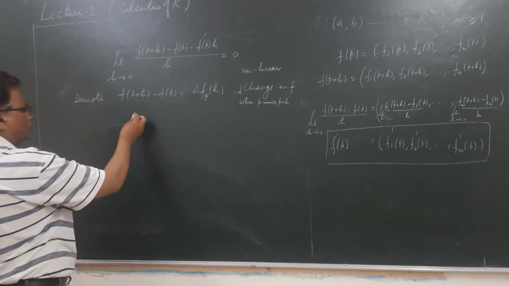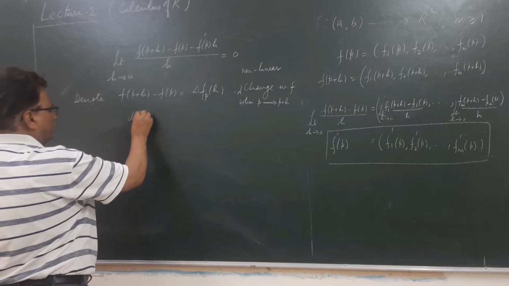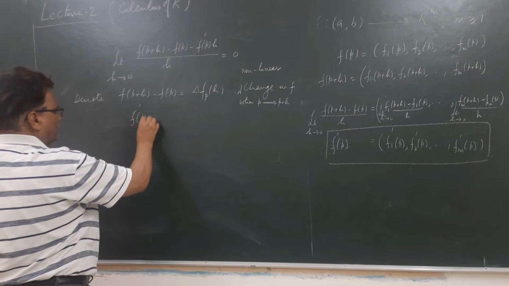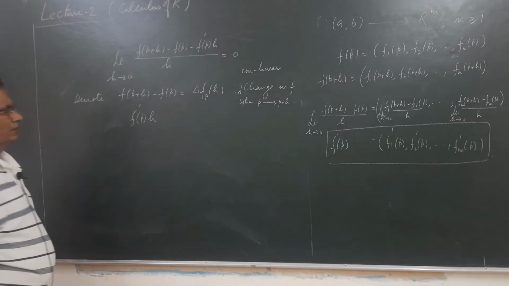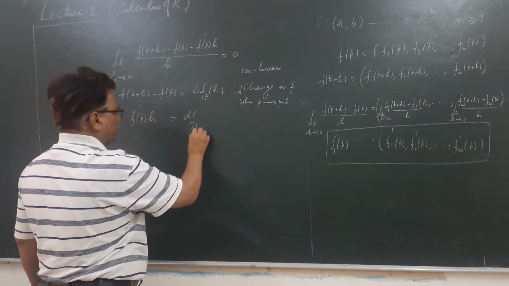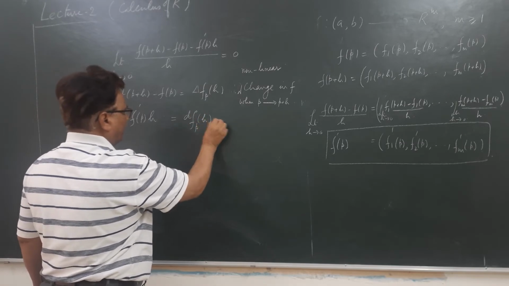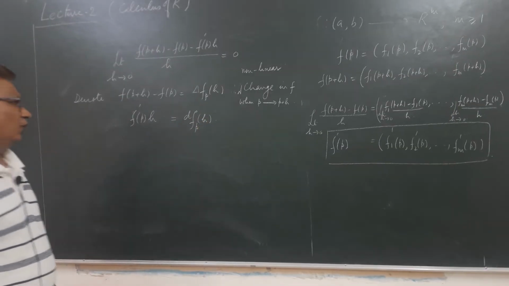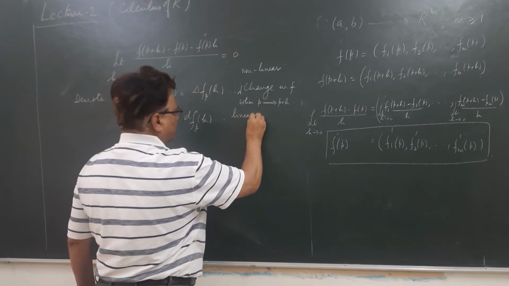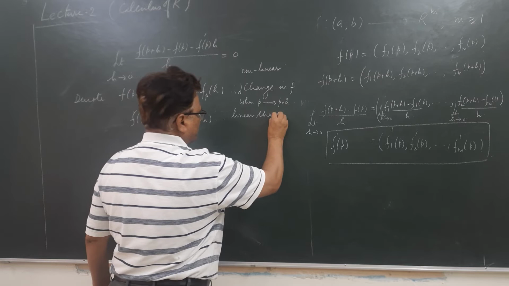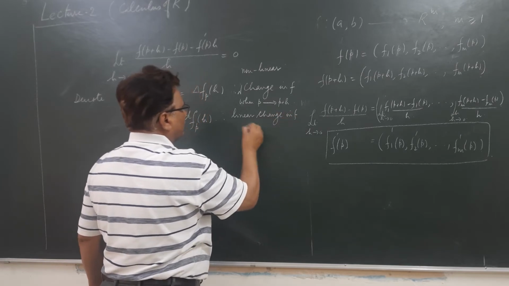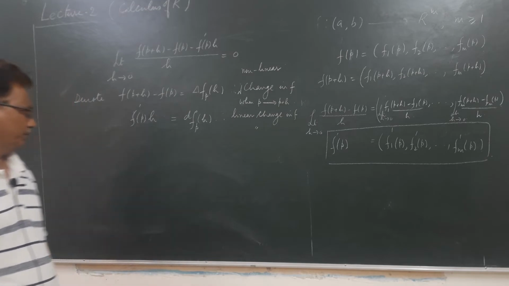And you can also look at this fellow, f dash p into h, which you have been denoting by dfph. This I will call a linear change in f when p goes to p plus h.